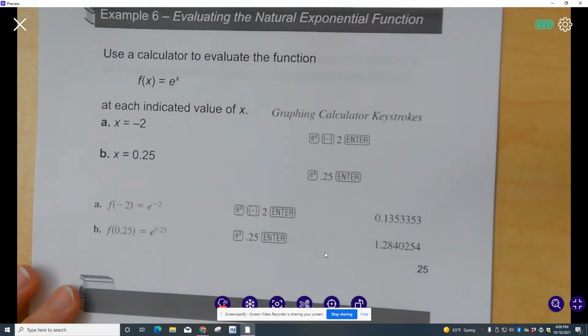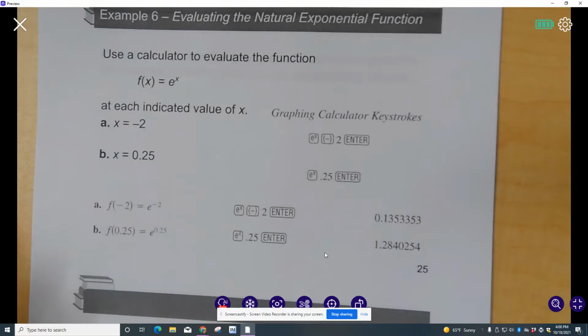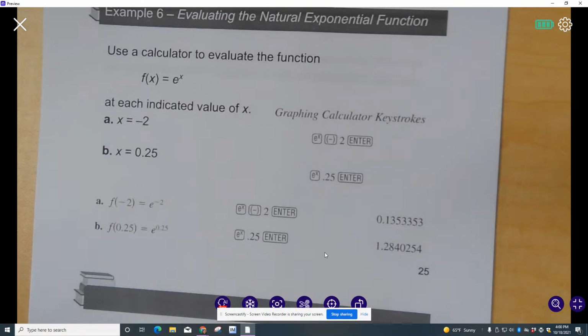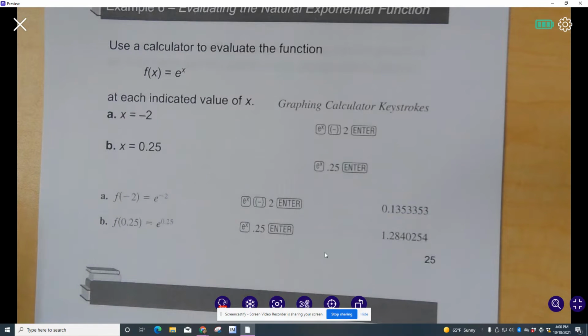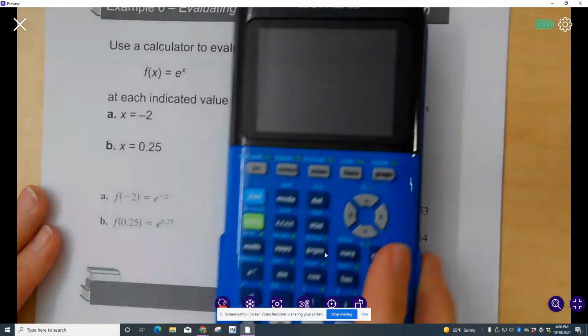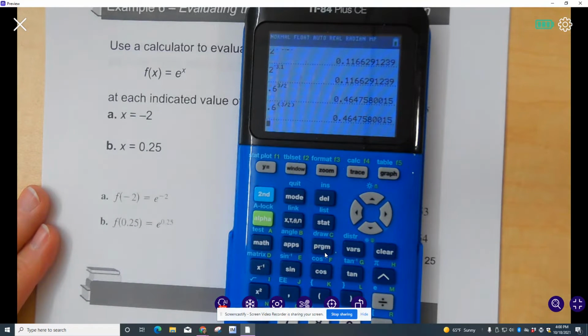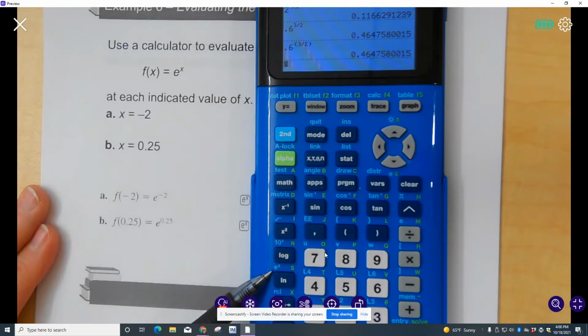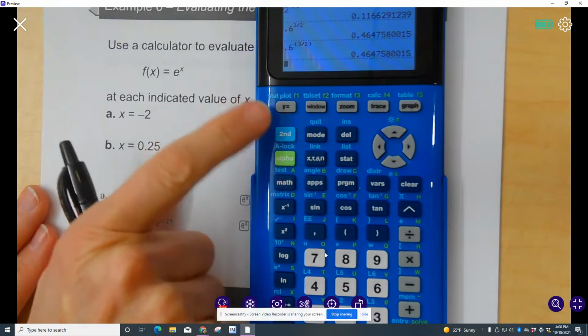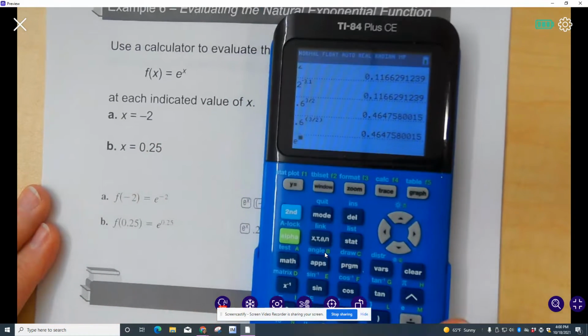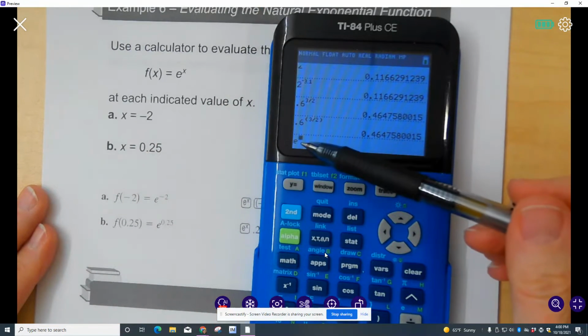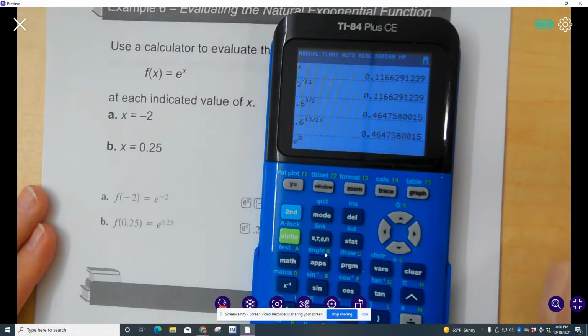So this is just practicing putting some values into your calculator. You're going to use that second natural log button for e to the x. If you have an exponent, it hops it right up there and shows you that it's an exponent.